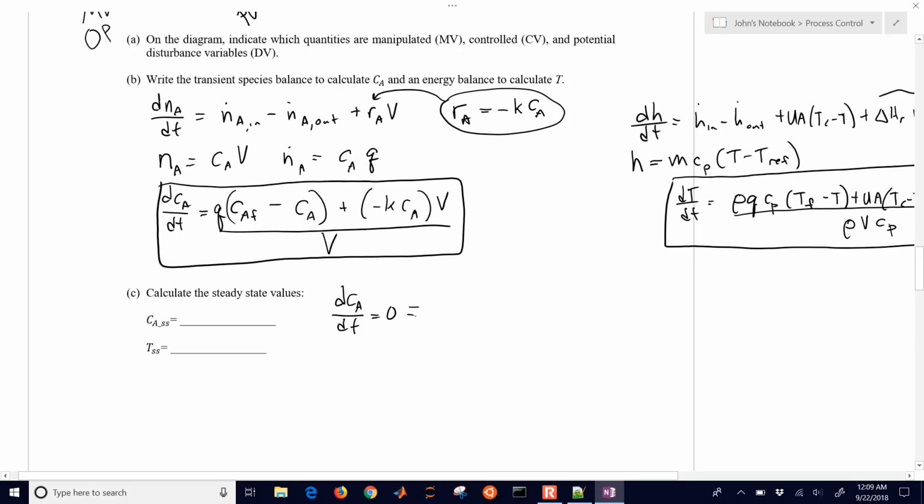We have what's on this side is going to be Q (CAF minus CA) minus K CA V divided by V. V is just going to cancel out. Okay, I'm going to collect all the CA terms on one side and put my CAF onto the other side. And so that's going to be Ca times negative Q minus KV.